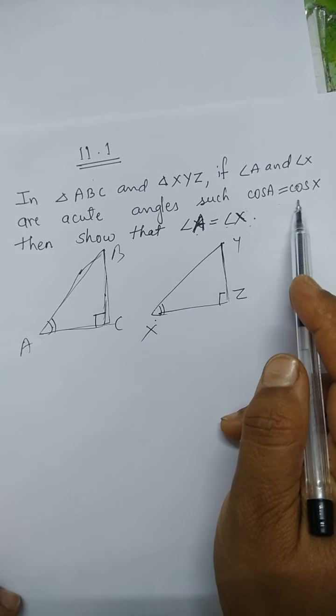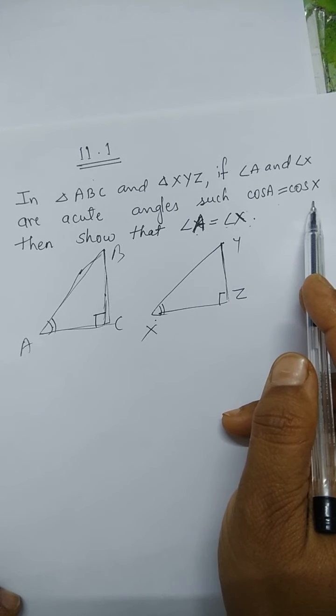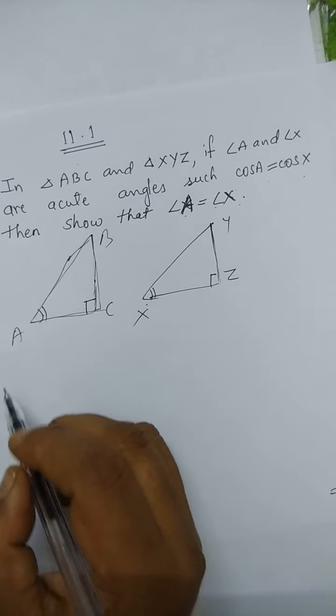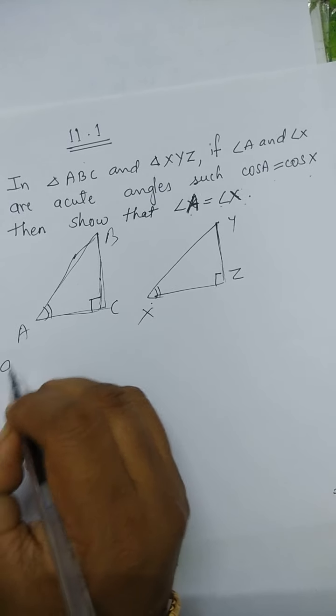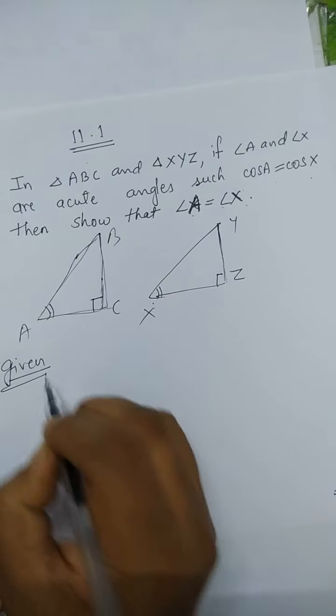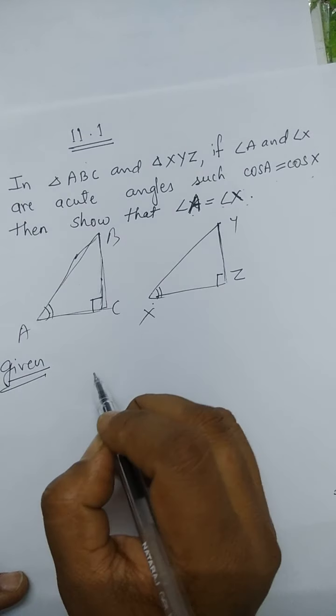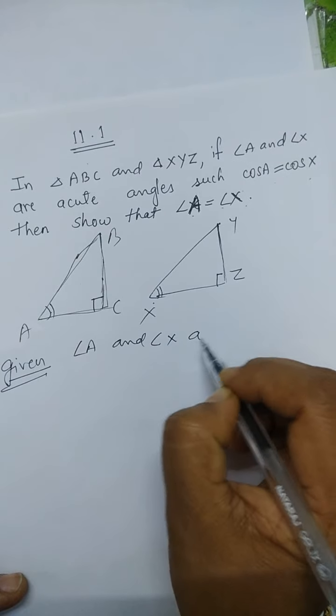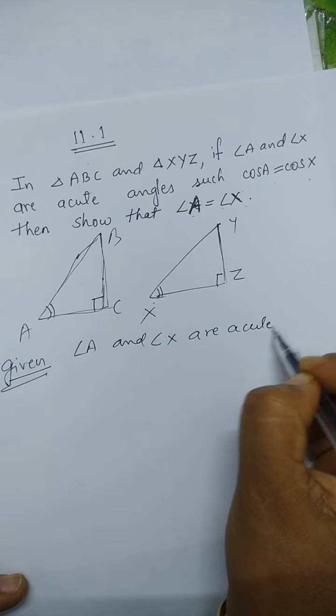Here cos A equals to cos X given. Okay. So what we have to do? First we have to write given. What is given? Angle A and angle X are acute.